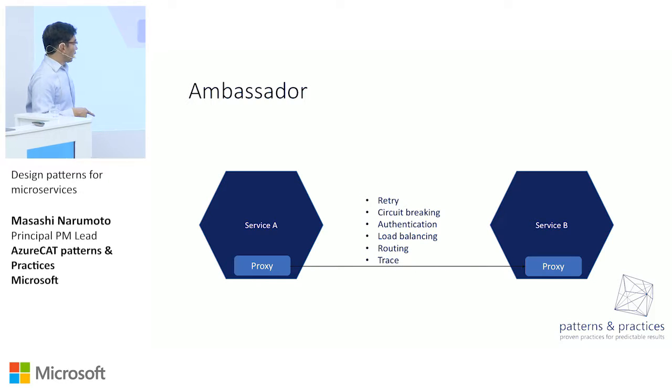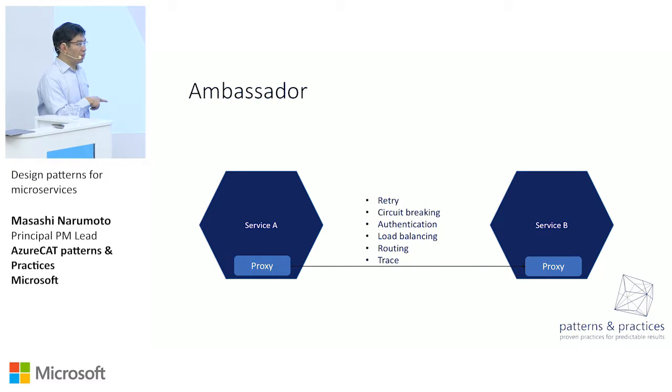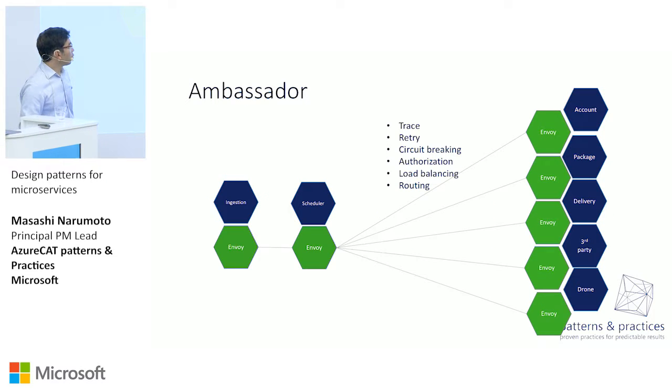The ambassador pattern is to have a proxy that takes care of those things. And when you use a service mesh, like this example of Istio, one of the service mesh technologies, Envoy is a proxy that takes care of those things.